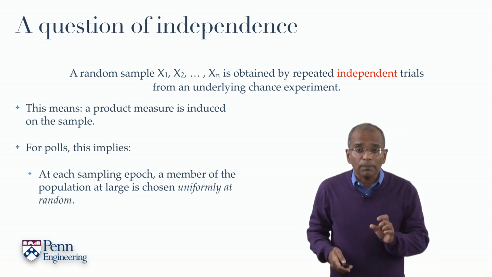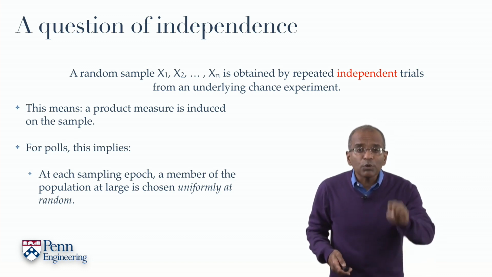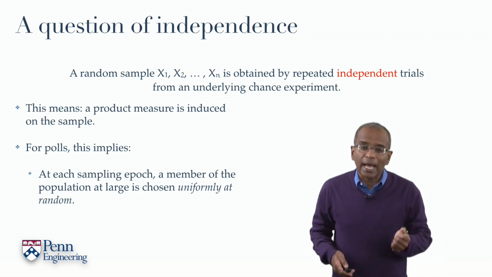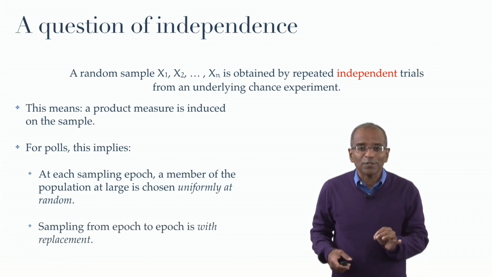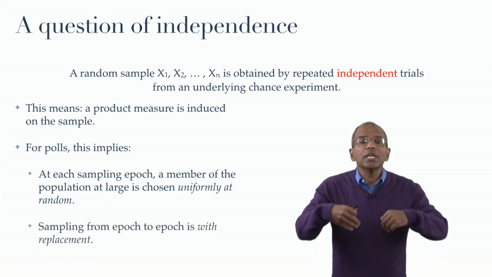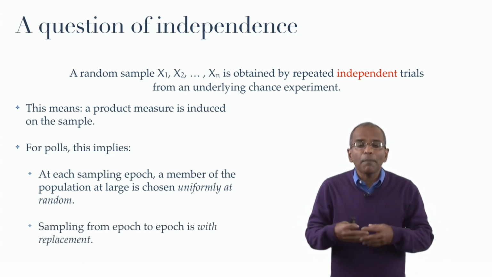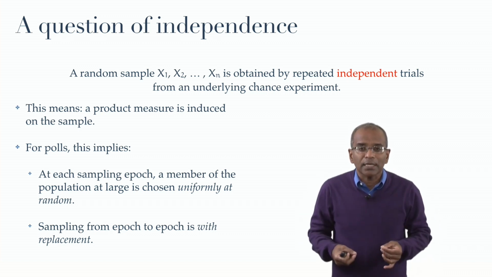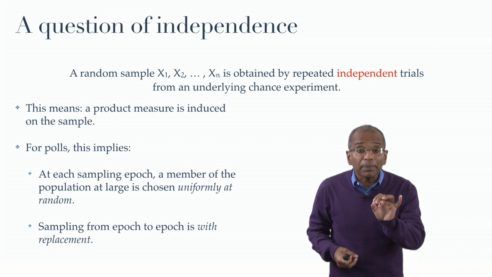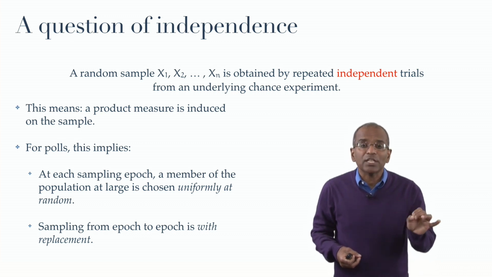But that is not all. The moment an individual is selected and queried or looked at, it is imperative from the formal point of view that that individual is replaced in the population before an independent second trial is conducted. In other words, sampling is with replacement.